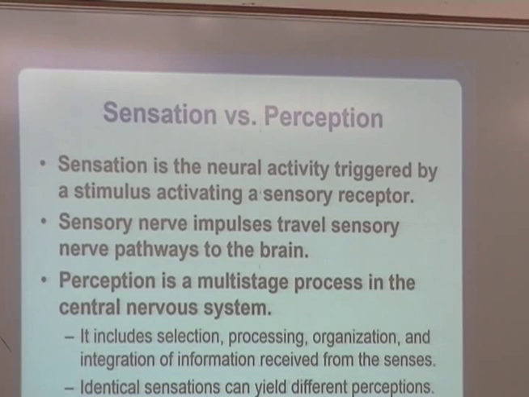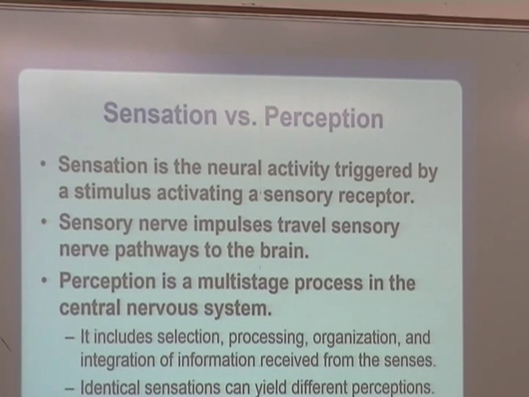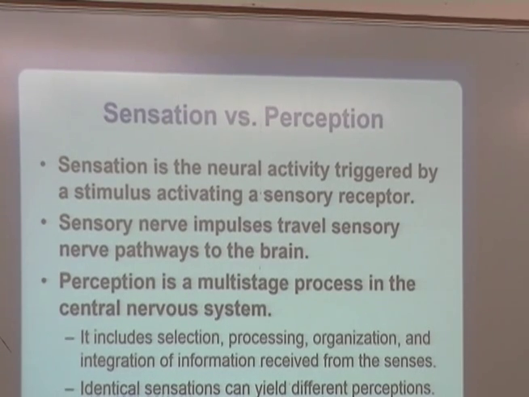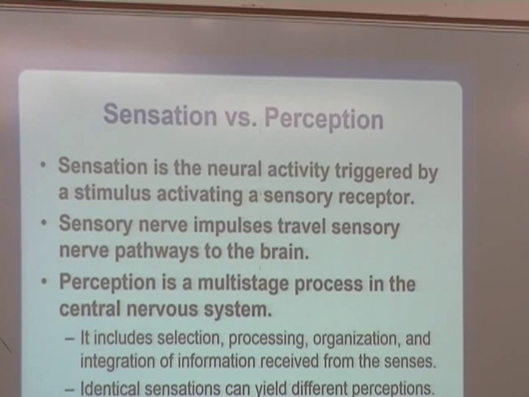Perception then is technically the process within the central nervous system of the brain identifying what that piece of information was and trying to use experience to make some decisions about what to do. All right, so I've got selection, processing, organization. I've got lots of stimuli coming in at the same time.